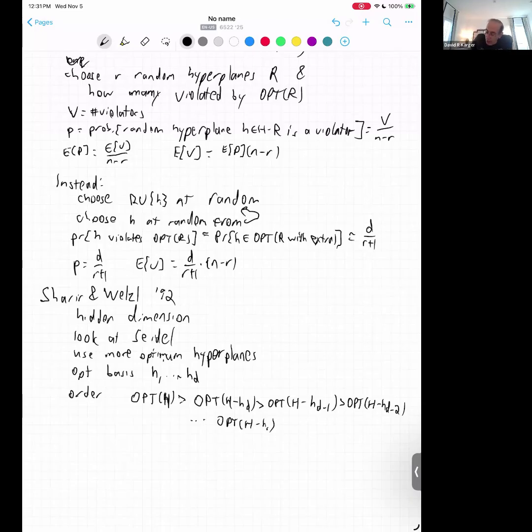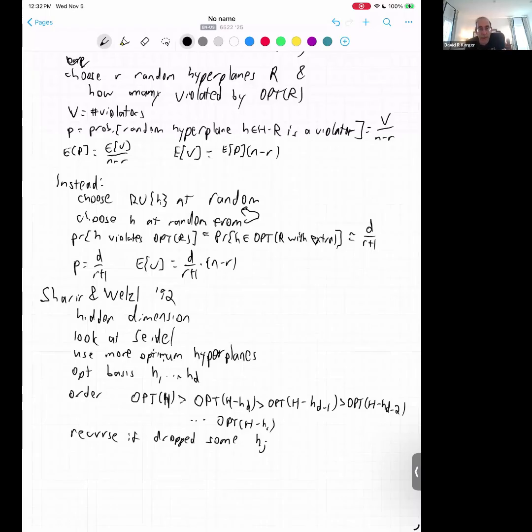Now, the recursion happens. We recurse if we dropped as our final hyperplane some H sub j.